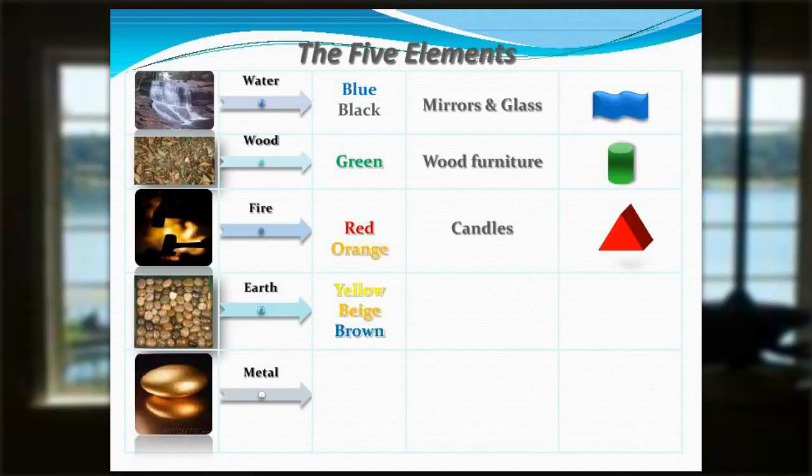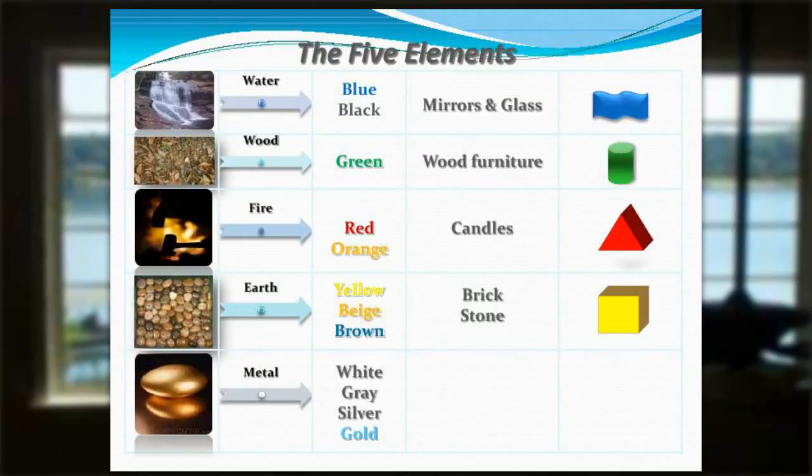Earth can be brought in by the following colors: yellow, beiges, and browns. It can be brought in by bricks and stones. And the shape is a cube or a square. Then the last one is metal. It has a lot of choices for colors.